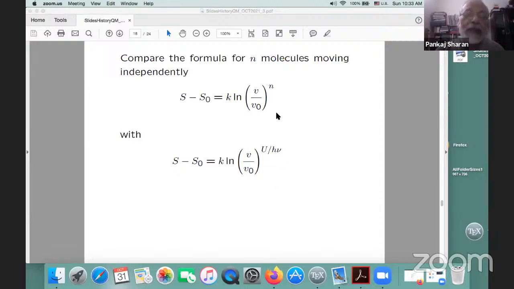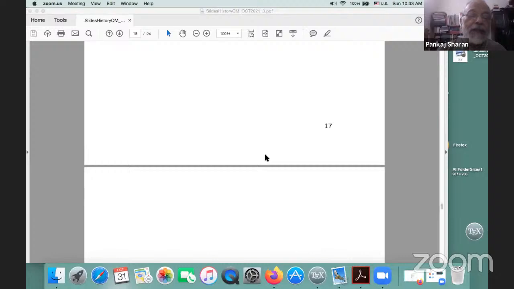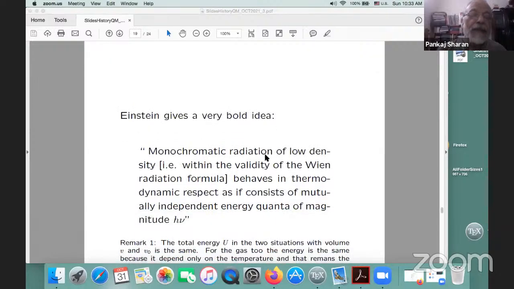It tells us that this n, which is the number of molecules, is somehow the same quantity as U over h nu, where U, you remember, is the total energy divided by h nu. So it looks as if it is n, small n packets of energy which are giving us this. That this is the number of packets of energy which are moving around separately. Einstein put it like this.